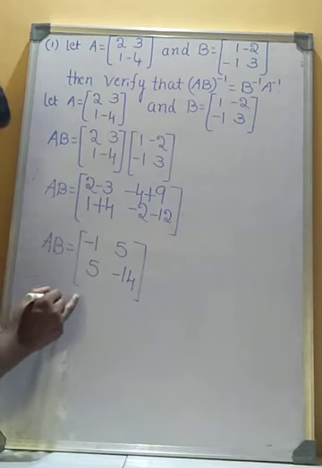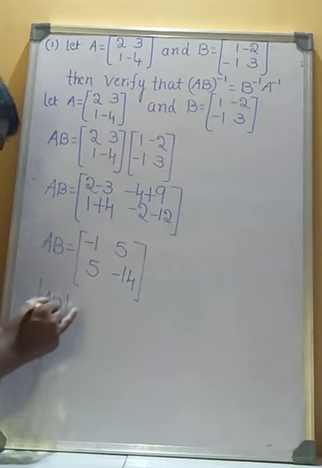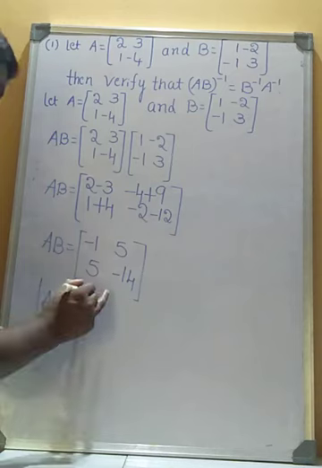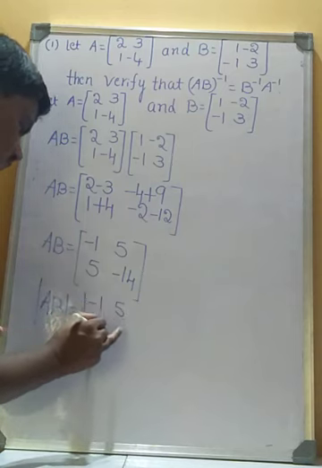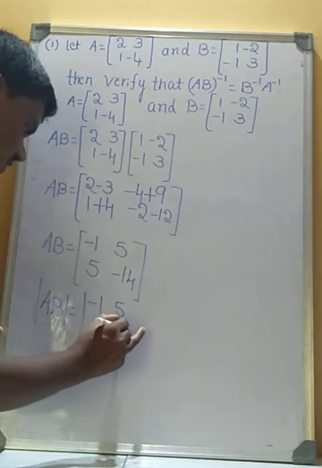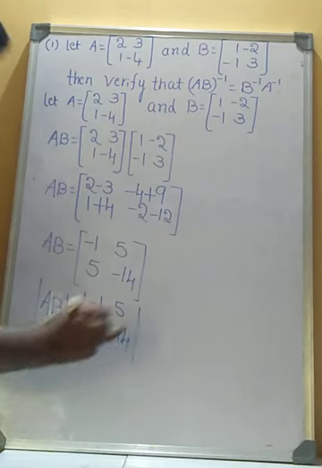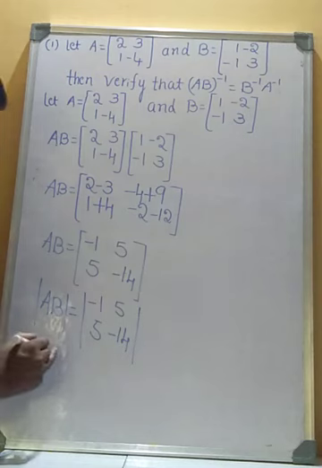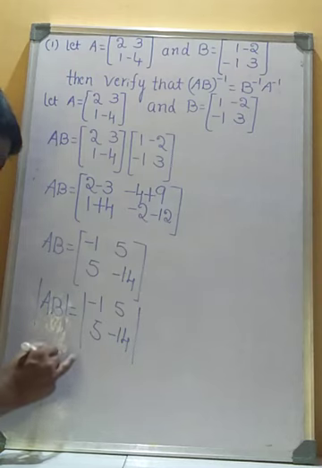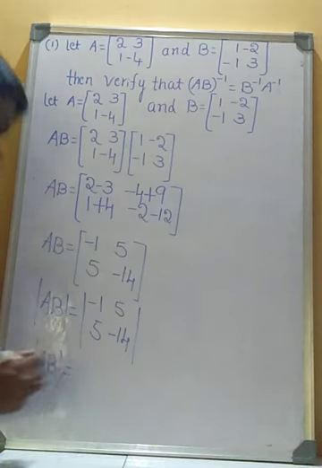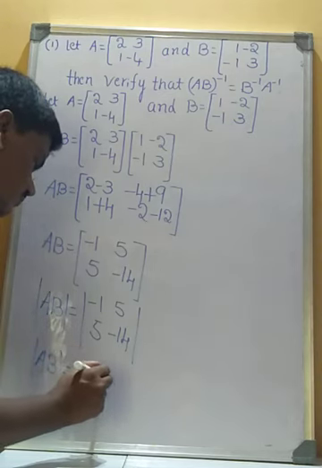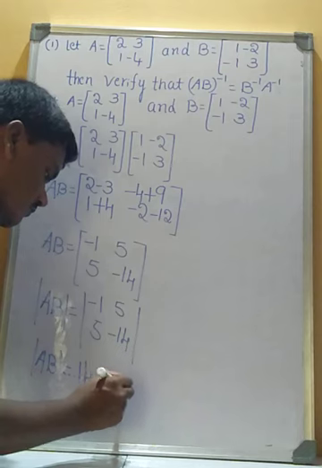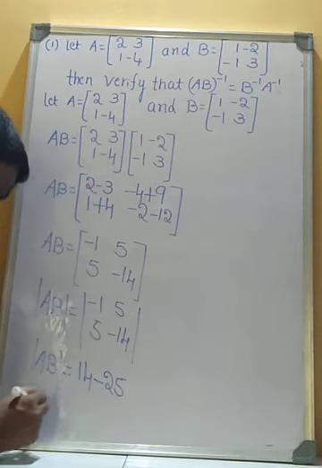Then find the determinant of AB. Determinant of [-1, 5; 5, -14]. Therefore determinant of AB equals 14 minus 25.